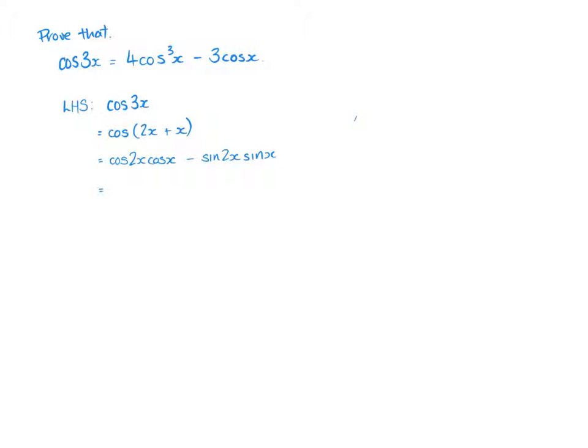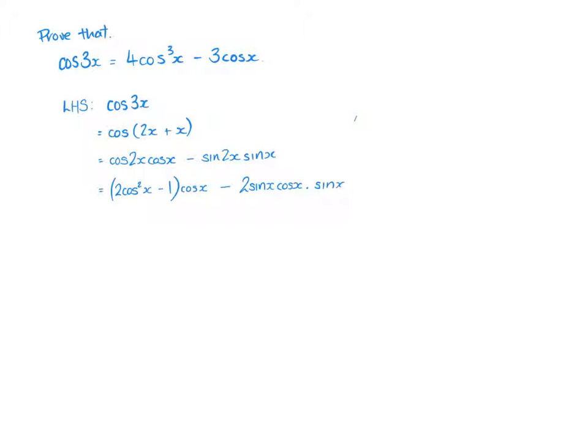We're going to pick the value for cos 2x that only contains cos. So that is 2 cos squared x minus 1, and then that's still times cos x, and then we take away sine 2x, which goes to 2 sine x cos x times sine x.